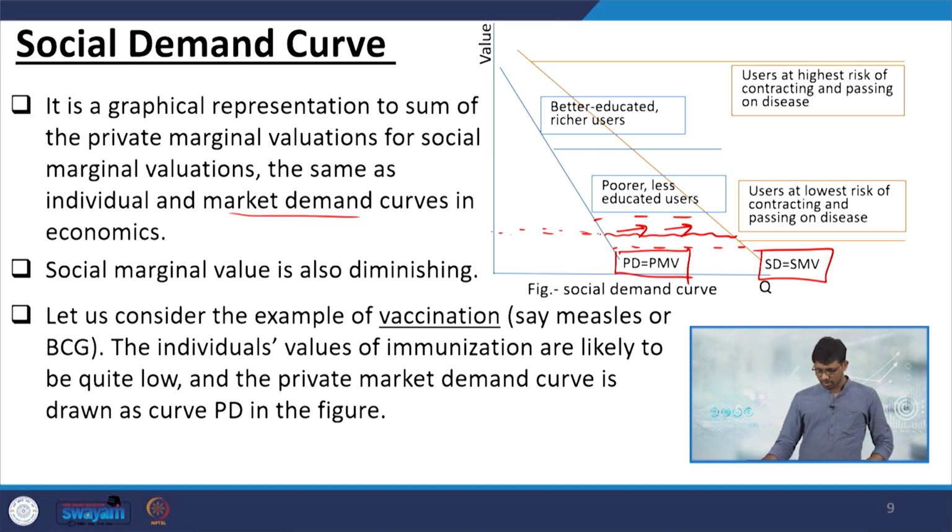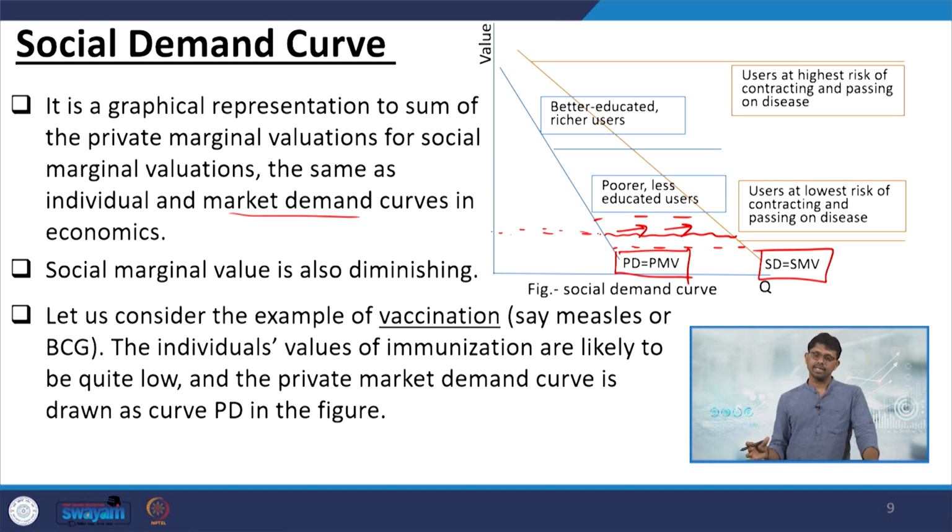Now accordingly, when we say individual demand, we define it through the users' perspective as well, who present the willingness to pay, or their payment structure, or their demand for different services.